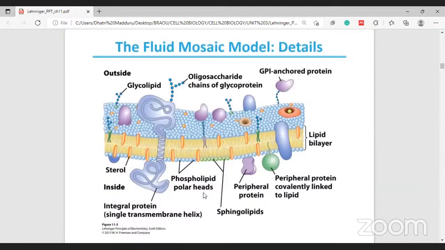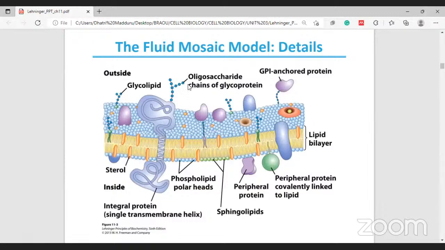So this is how it looks. If you see, this is the outside environment, this is the inside environment. Here you have glycolipids. That means if the lipids have carbohydrates or sugar molecules, that is a glycolipid.